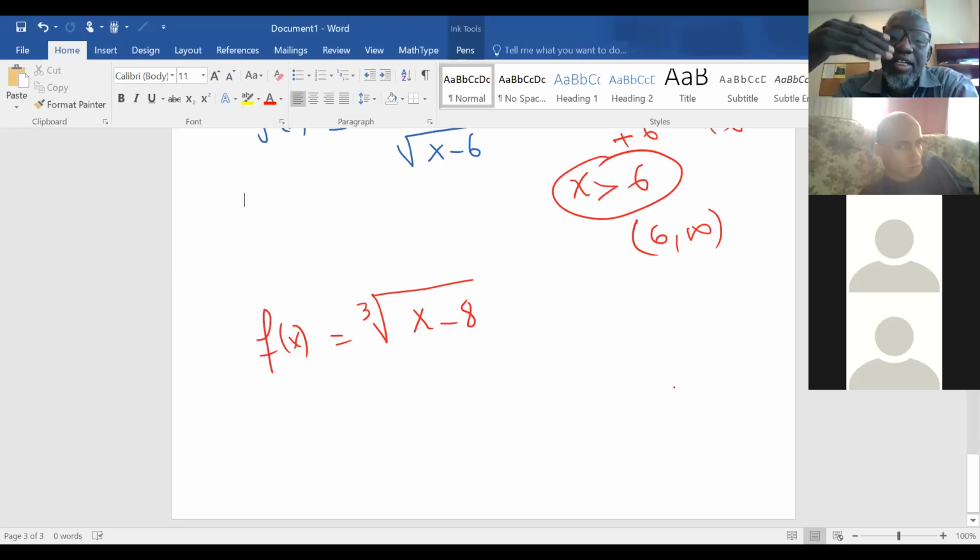Because of the fact cube root does not care, what is the domain then? Do we have any worries?